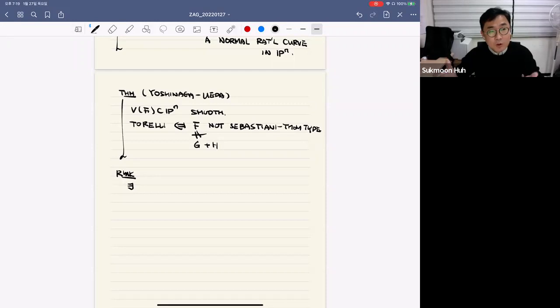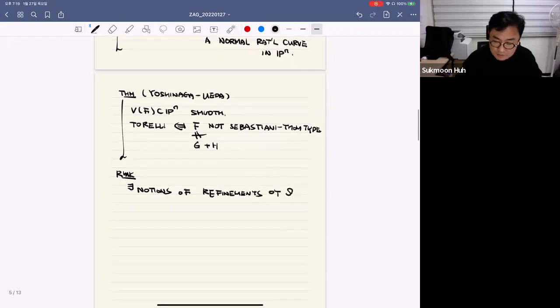As far as I know, there are two other versions, let's say, refinements of the logarithmic cotangent sheaf.